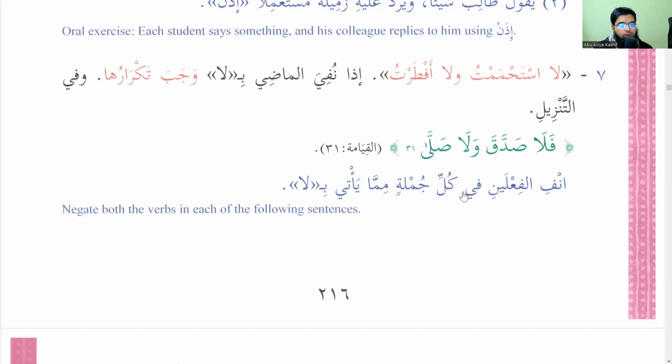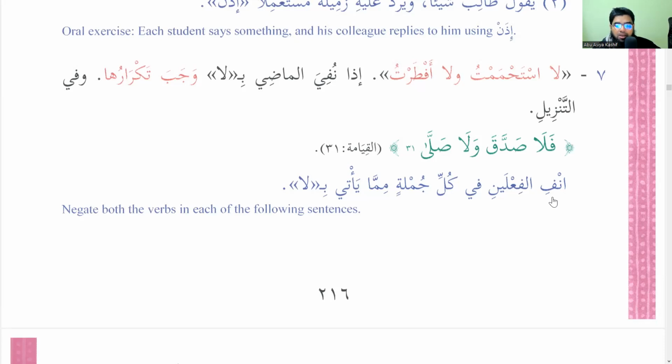And he has an exercise for that. "Infil fi'layn fi kulli jumlatin mimma yati bila": negate both the verbs in each of the following sentences. Nafa yanfi is to negate. Another meaning of nafa is to expel. In lesson 5, when we learned ismu zaman wa makan, "manfan" came, place of expelling.